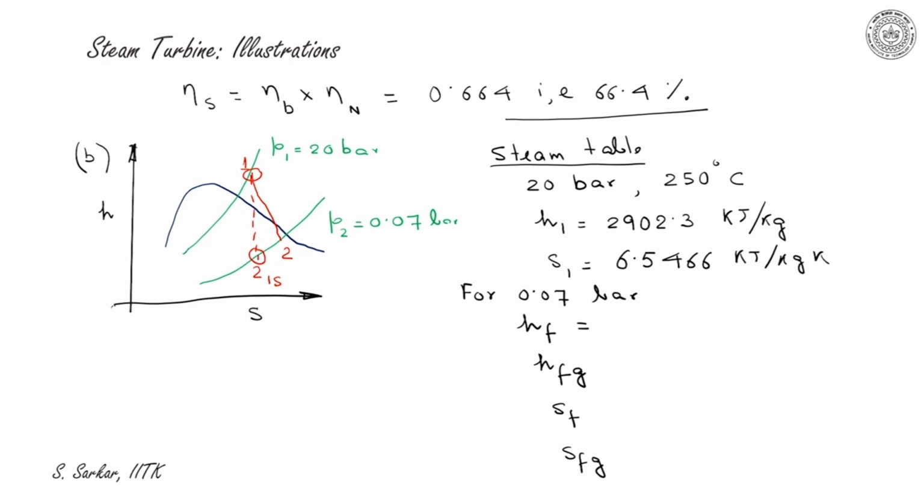HF I got 163.16 kilojoule per kg. HFG is 2409.54 kilojoule per kg.